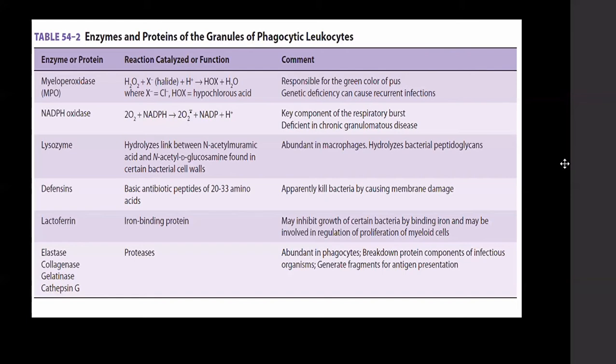And the other one stabilizes your reactive oxygen species. So your NADPH oxidase produces your ROS, then your myeloperoxidase stabilizes your ROS.